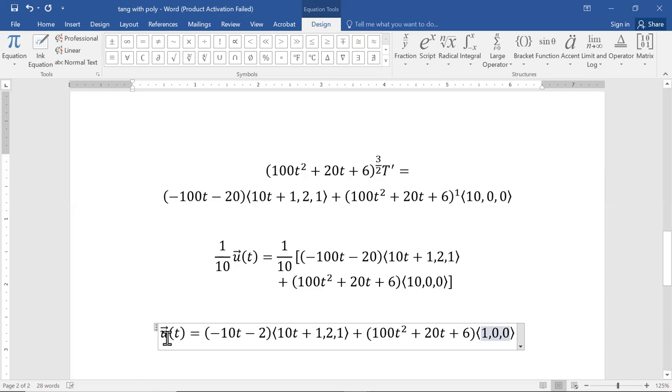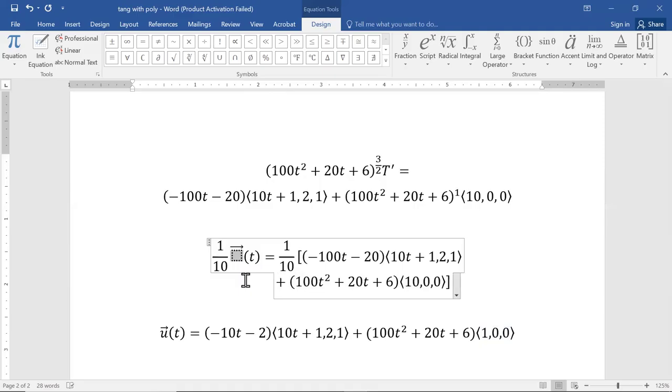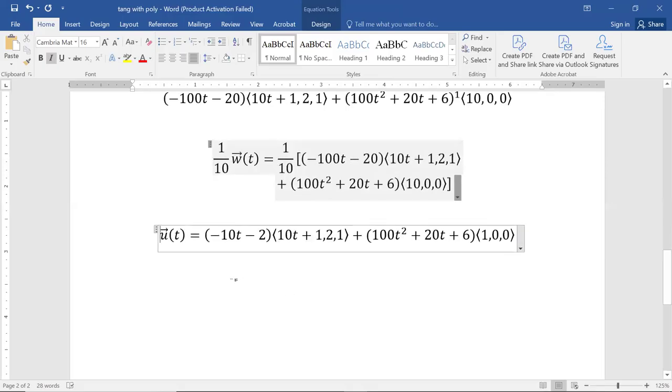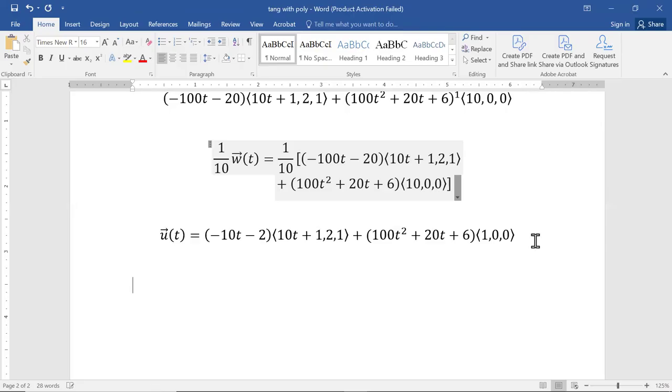So now I have this new u. Maybe I should rename this one to some other thing. I don't know, vector other u, or let's say vector w. So now I have a vector u. And what I'm going to do is clean this up just a little bit by multiplying through, using some polynomial algebra.